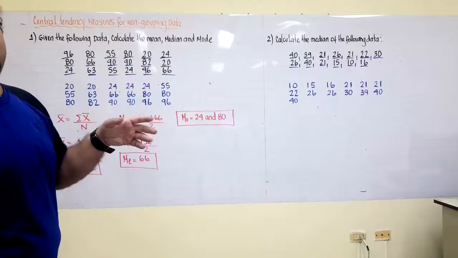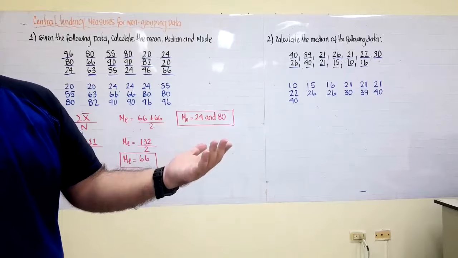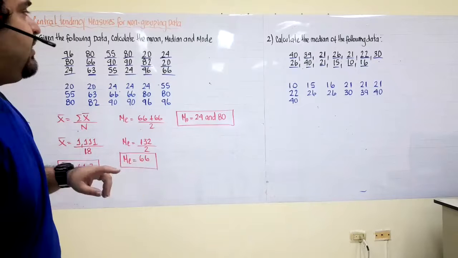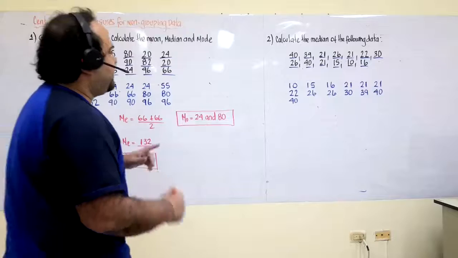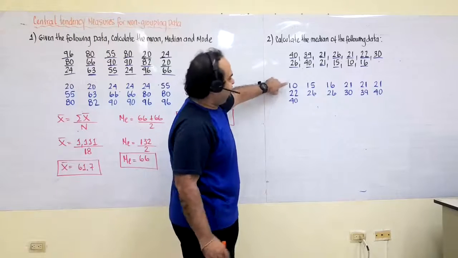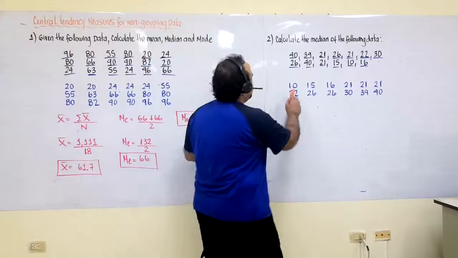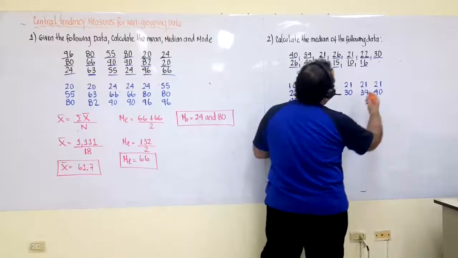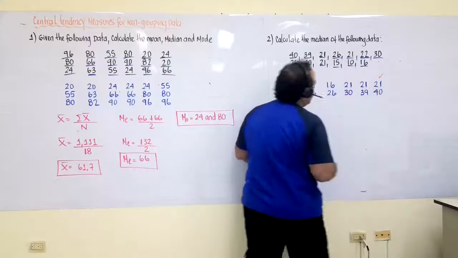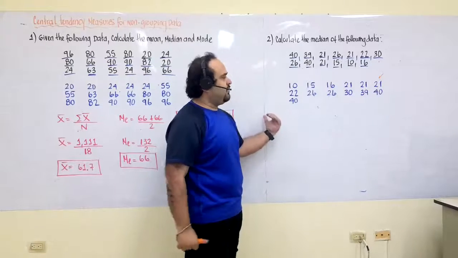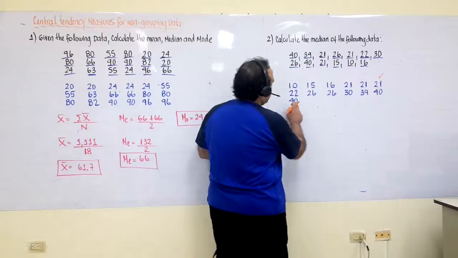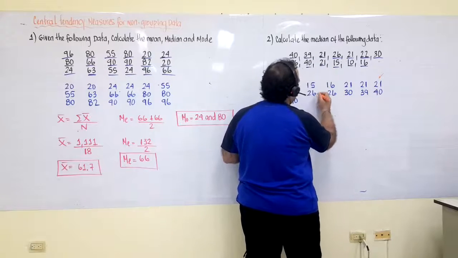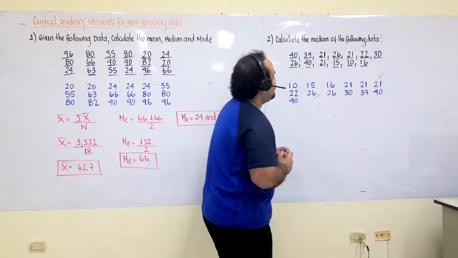And half of 12 will be 6. Yes or no? So, six numbers. Well, yes. We're going to count 6 numbers, starting from the smaller one to the bigger one. 1, 2, 3, 4, 5, 6. Same happens with the other side, 6 numbers. 1, 2, 3, 4, 5, 6. So 6 and 6.